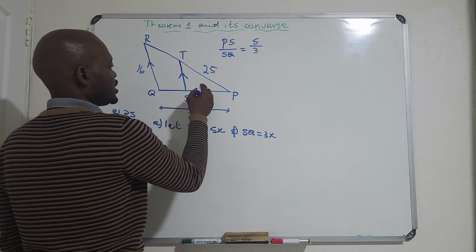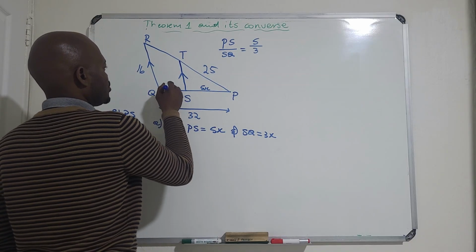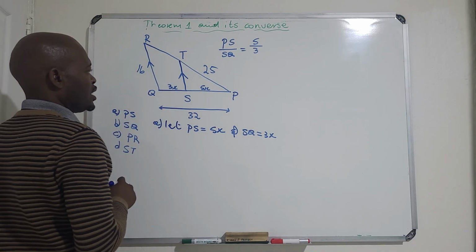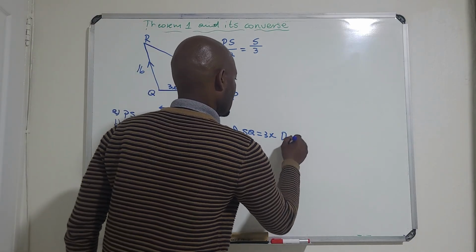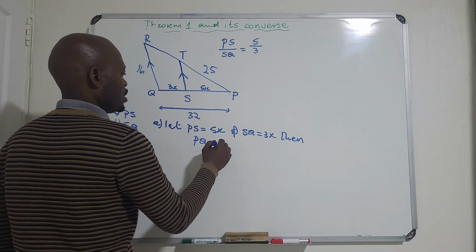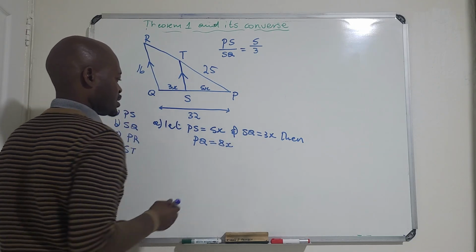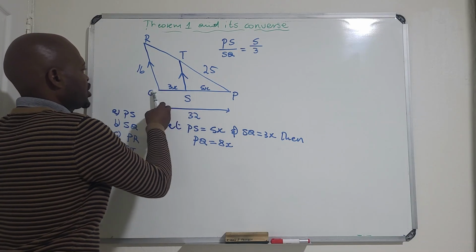So I let this be 5x, I let this be 3x. Now, it means that PQ is equal to 8x.